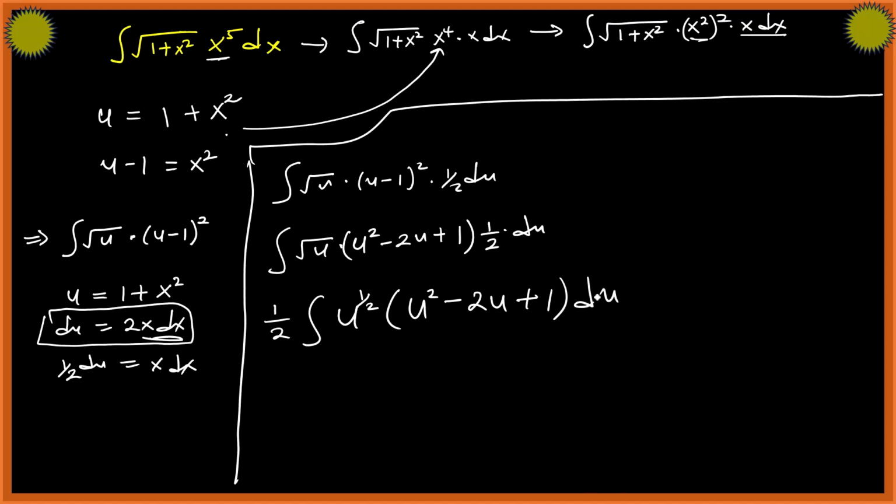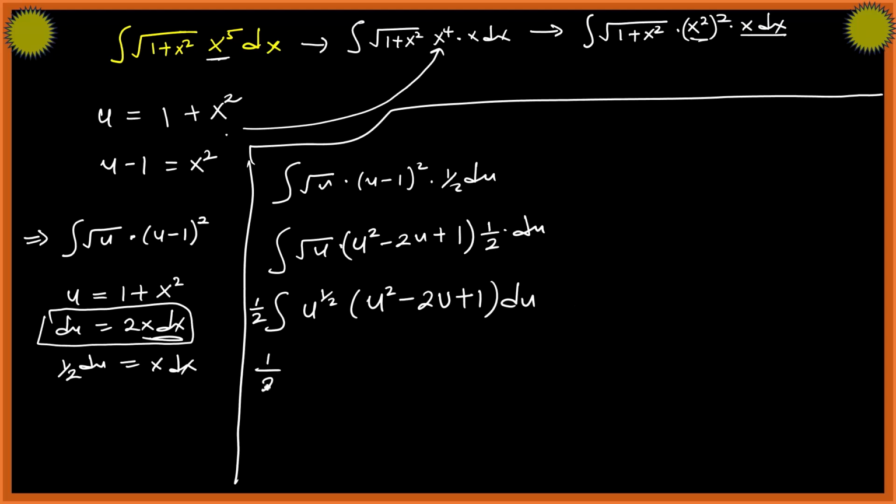So let's expand the bracket here. We are going to apply indices. So half integral, u raised to half times u raised to 2; I'll just write one of the u and then add the powers.